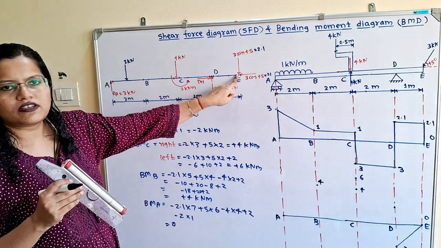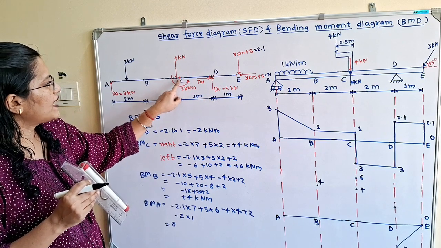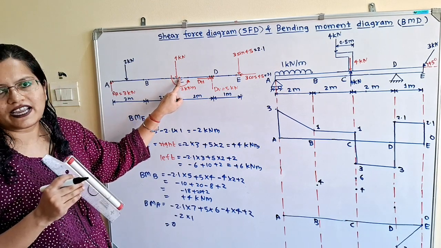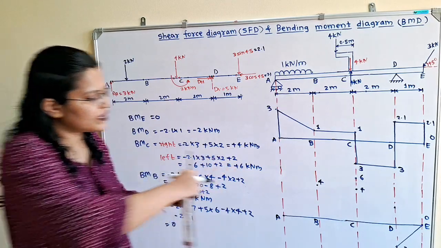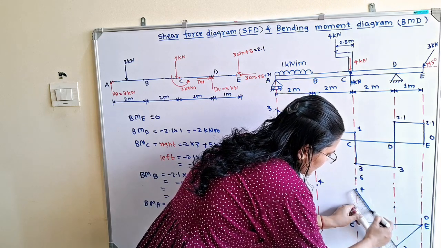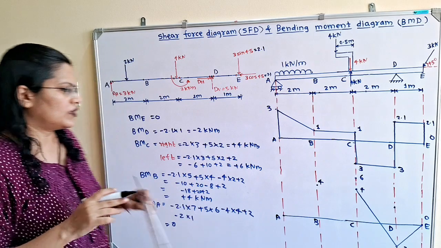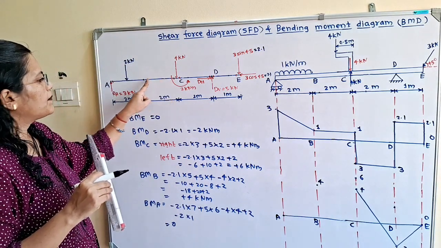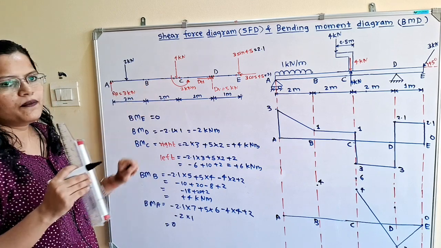So there is first point E, then second point D, then next point we have to connect with right side of C. So right side of C is plus 4. So we will connect 2 and 4 with a linear line, because in between this span CD there are point loads only. Now in between B and C, if we observe, there is only point load.